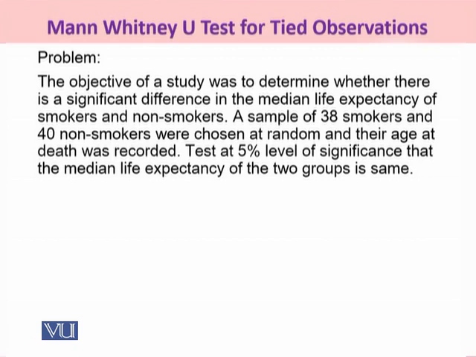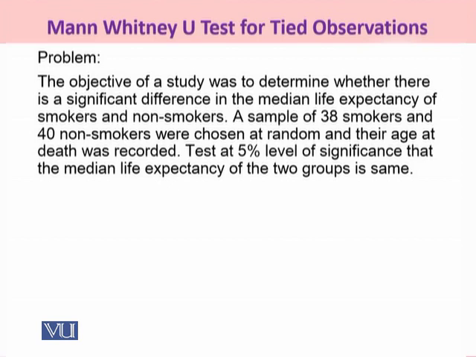A sample of 38 smokers and 40 non-smokers were chosen at random, and their age at death was recorded. You are required to test at 5% level of significance that the median life expectancy of the two groups is the same. So here we are given two kinds of data sets.